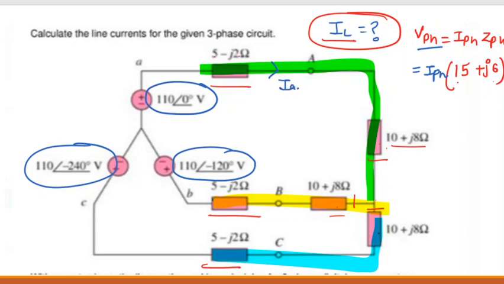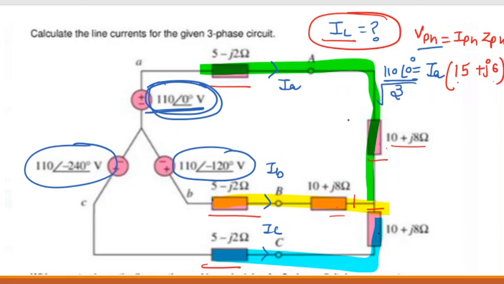Let us consider this one would be IA, this one would be IB, and this one would be IC, right? So I am considering here IA, and VPH is VL by root 3. So with IA, which voltage is associated? 110 angle 0 degrees divided by root 3, right? Yes or no?